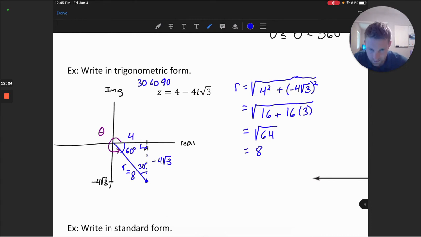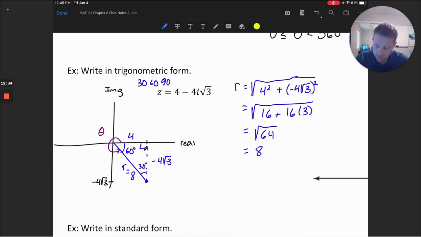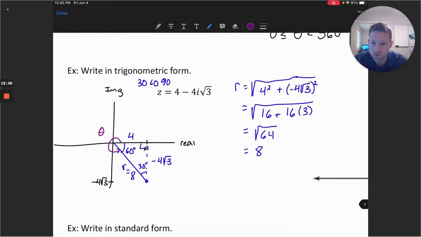So this gives us some insight into what angle we have as our argument. If this is a reference angle of 60 degrees, that means this exterior angle that wraps around is going to be a total of 300 degrees. So we have our modulus and we have our argument, theta.